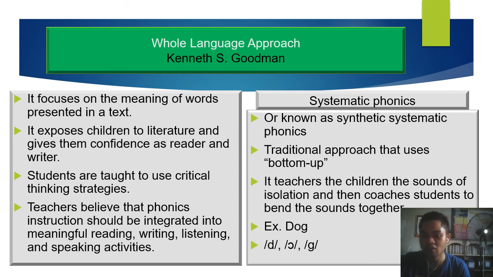Example, the word dog. As I have said earlier, the teacher introduces first the sounds of the letters before the meaning of the word. To say, for example, the word dog, D stands for D, O stands for O, and G stands for G as its sound.